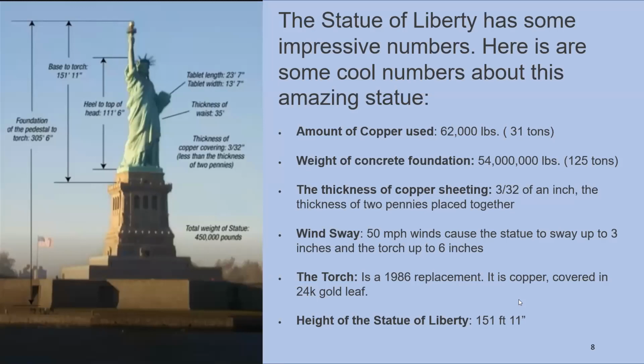The thickness is actually the thickness of 2 copper pennies. It's 3/32 of an inch. When there's a lot of wind, it sways back and forth. In a 50-mile-an-hour wind, it can sway as much as 3 inches, and the torch can sway as much as 6 inches.